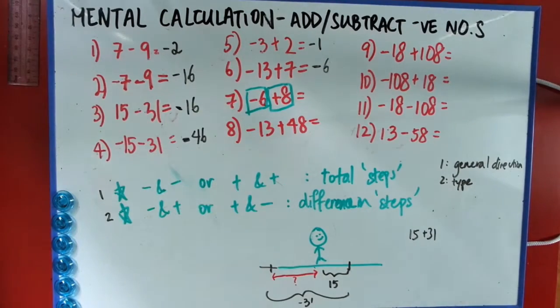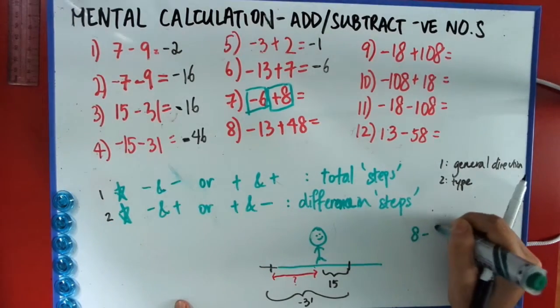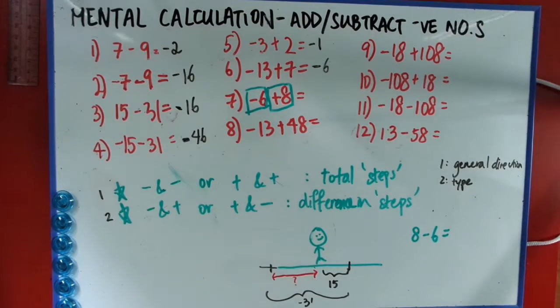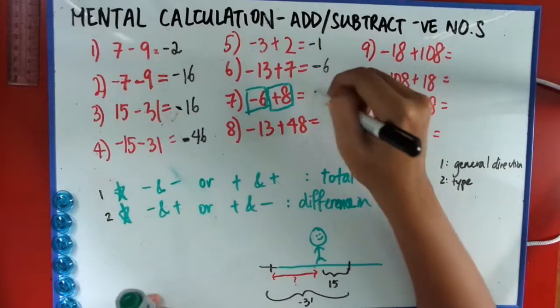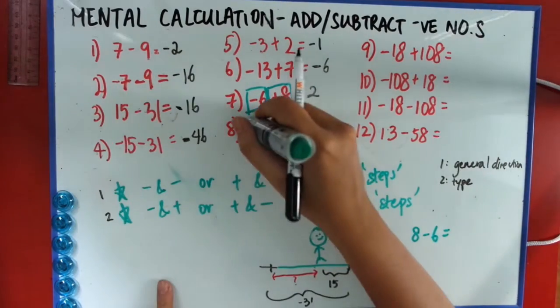I can switch the position of these and it will still be exactly the same. If you know this already, that's great. If you don't, you just have to trust me on that. I have no incentive to lie to you. So minus 6 plus 8 is equivalent to 8 minus 6. And this is easy. 8 minus 6 is simply 2. Correct?